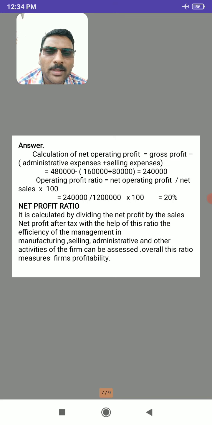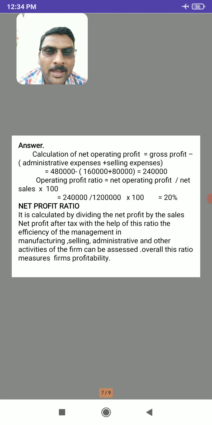So here operating profit ratio can be calculated by dividing the net operating profit by net sales. Net operating profit is 2,40,000, and the total net sale given is 12 lakh. If it is multiplied by 100, automatically we are getting 20% as the net operating profit ratio.